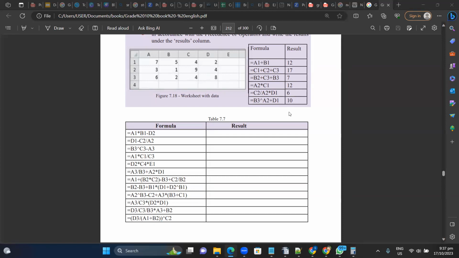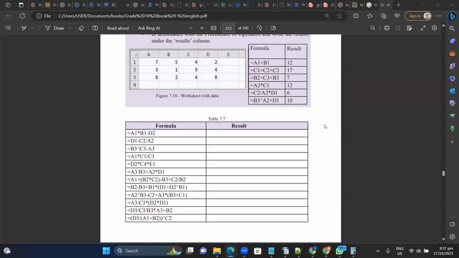36 is the answer. Is that correct? It should be plus 36, right? Please check the answer. It seems minus 36 was given.